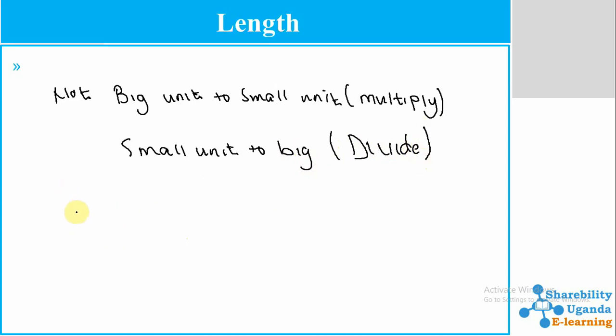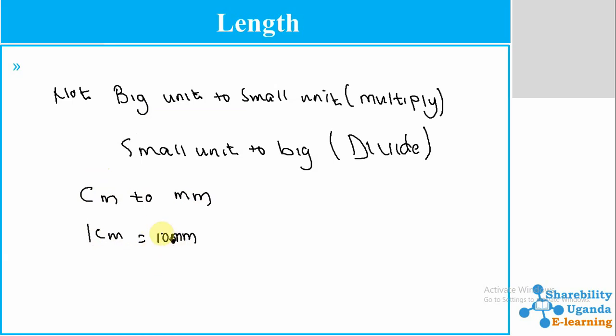For example, let me say we have centimeters to millimeters. Okay, we have known that 1 centimeter is going to be equal to 10 millimeters.